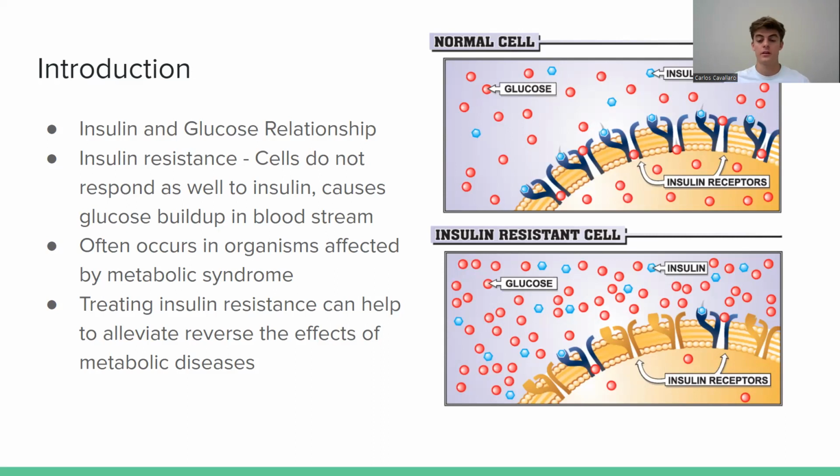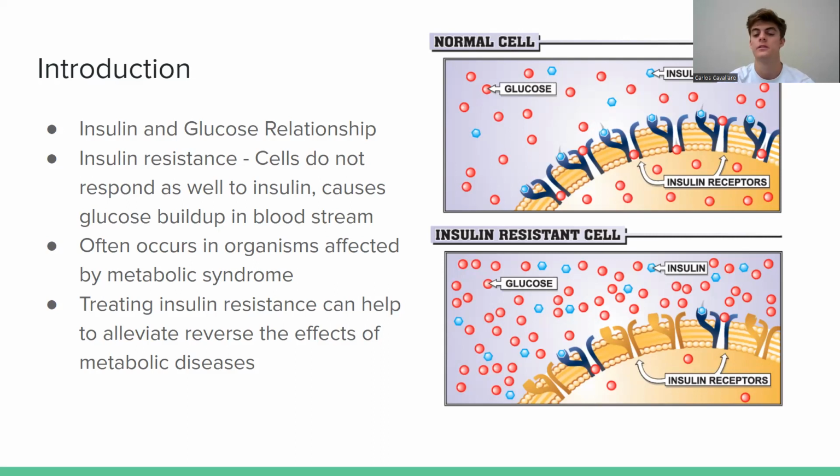Going into my general topic, insulin resistance is really harmful to the body, because essentially these cells are not going to be able to respond as well, and they don't have as many functional insulin receptor sites. Therefore the insulin is not really able to do its job as well in letting the glucose into the cell.